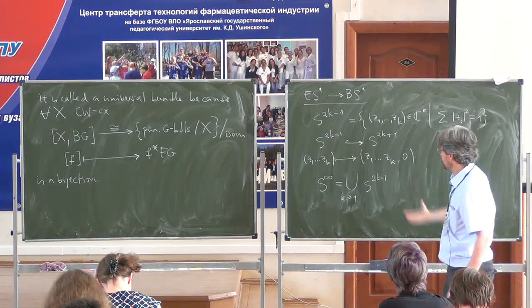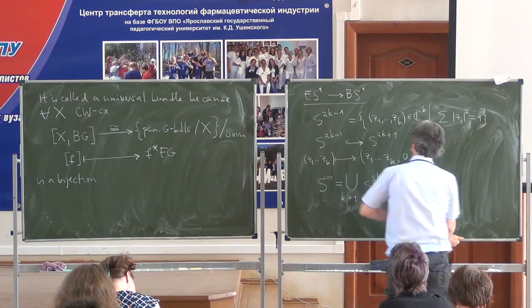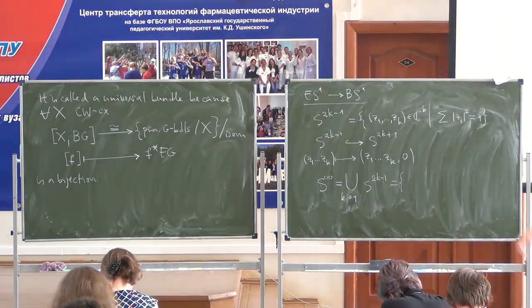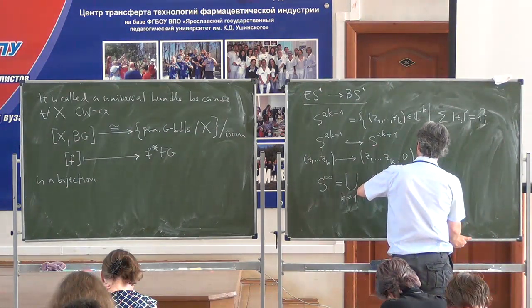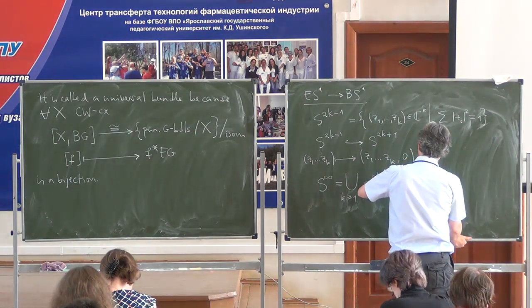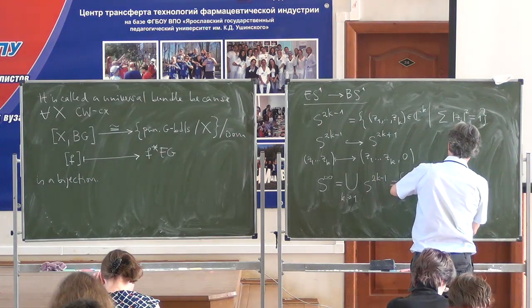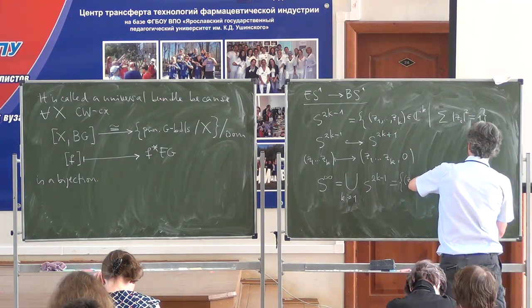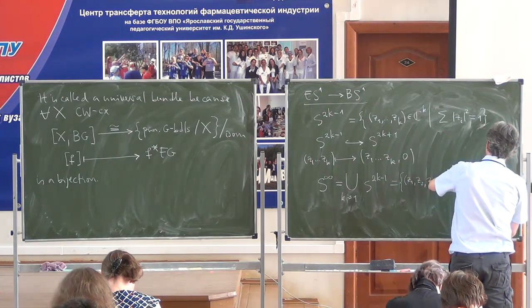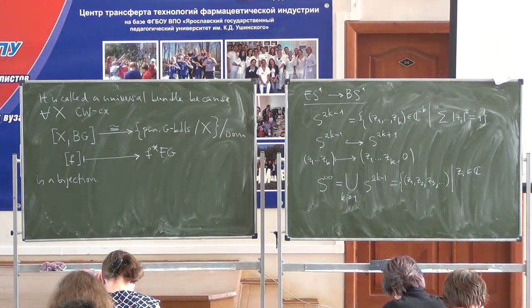Okay, so we can identify the elements of this space with the set of infinite sequences of complex numbers, so zeta_i belongs to C, with the property that these sequences eventually vanish.